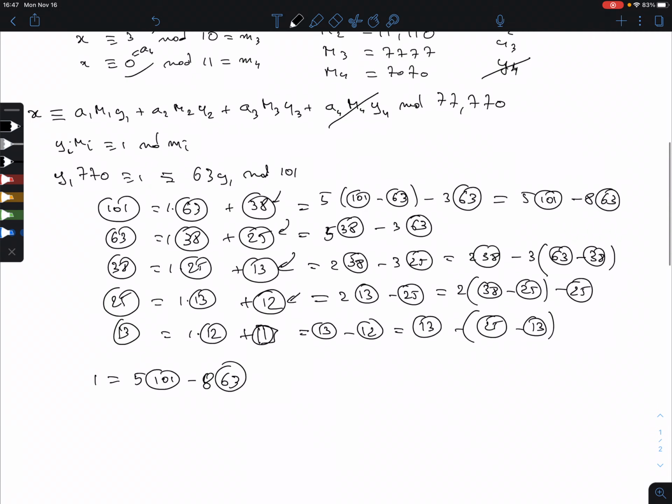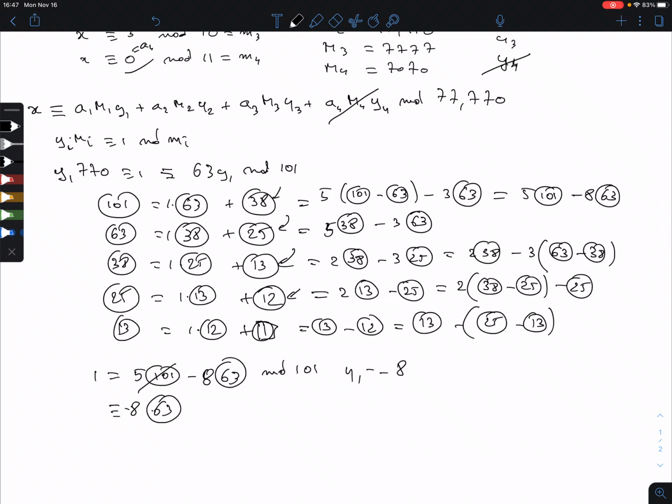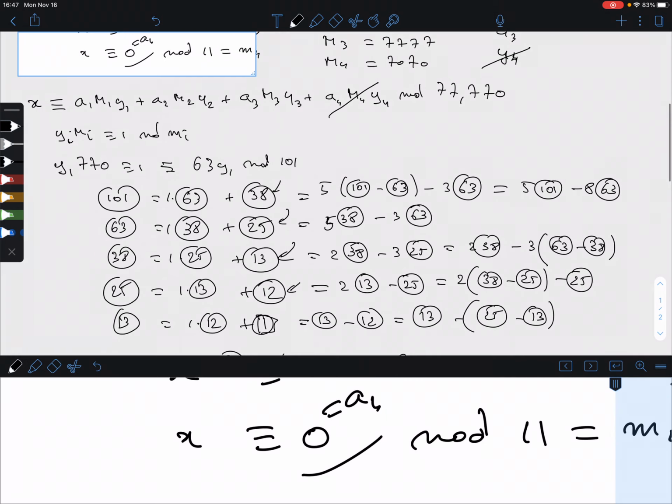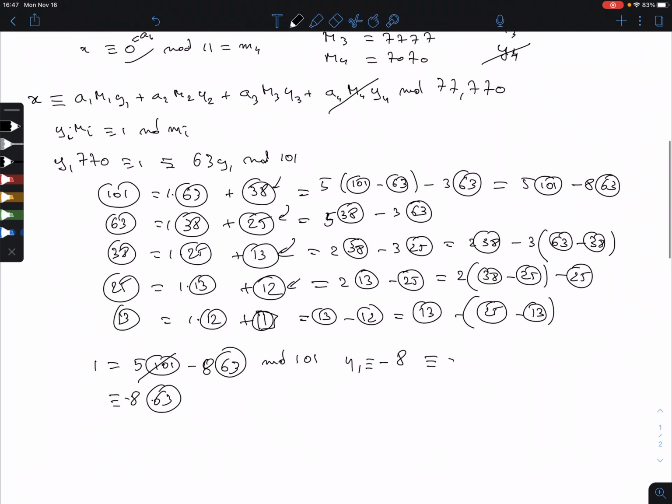So if we now work modulo 101, the 101 term goes away, and we find minus 8 times 63. So the inverse is minus 8, so y1 is equivalent to minus 8, but we don't want a negative number, so we add 101 to it, that is 93 mod 101.